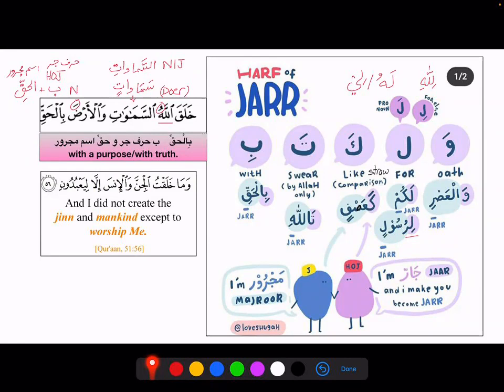Laha, lahuma, lahunna, and then laka, lakuma, lakum, laki, lakuma, lakunna. The only time it is going to take the e sound is when it comes to li, the ana version. The rest of them, all 13 remaining sigas, it is going to take a fatha sound. So this is very important to remember.